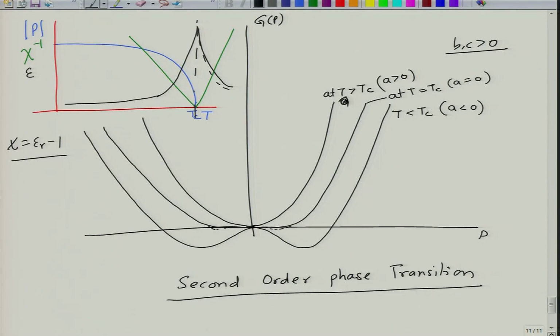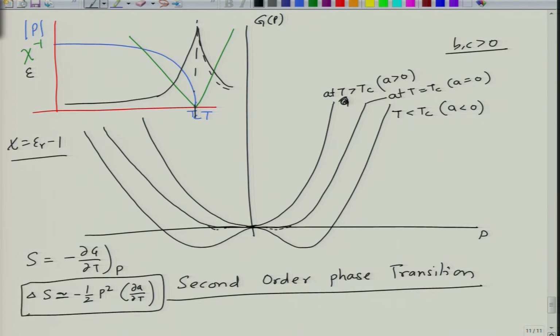And this is what it means in terms of entropy. The polarization can be related to entropy. I will not do the detailed analysis, but you can relate the entropy as minus del G by del T, and then you can calculate delta S as being equal to minus half P square del A by del T, and this is also continuous.